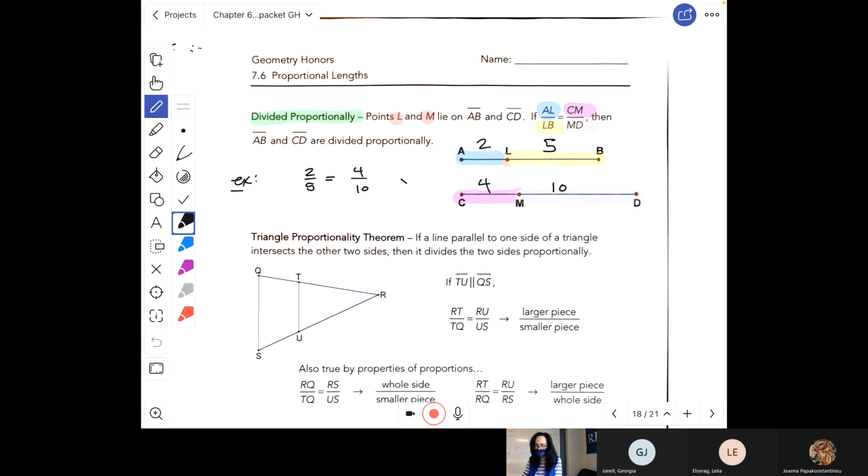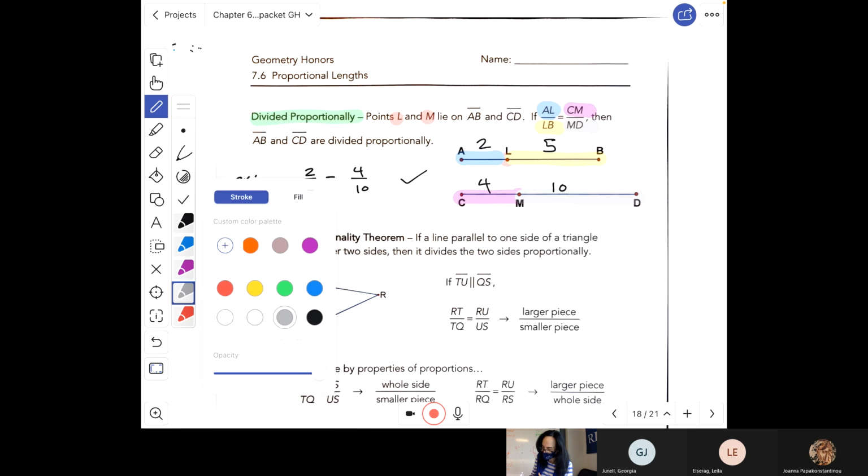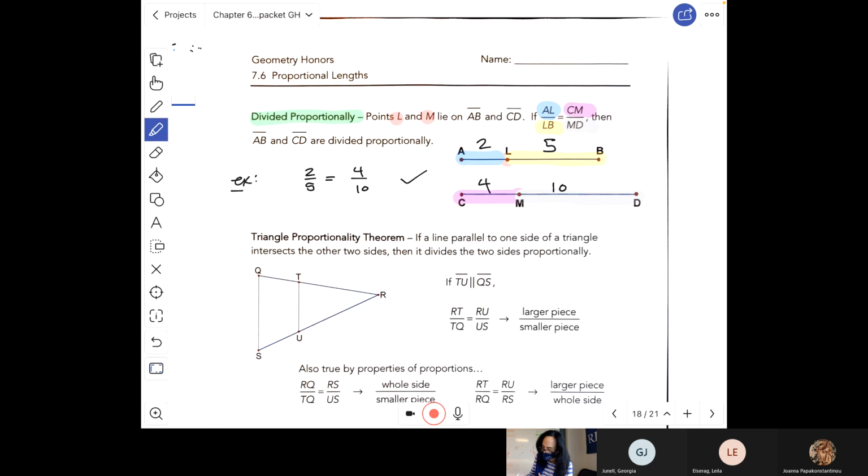So that's divided proportionality. The next type of proportionality, which is in fact a theorem, is the triangle proportionality theorem. What this states is if I have a line parallel to one side of a triangle, there's my line, it's parallel to one side of a triangle.